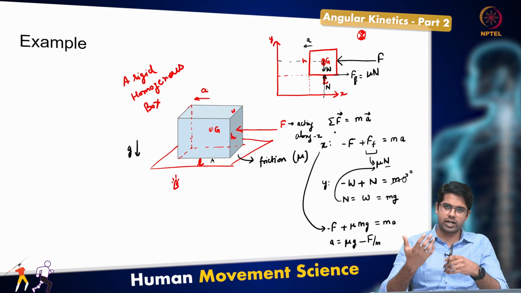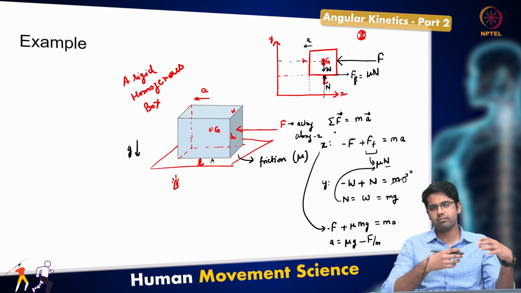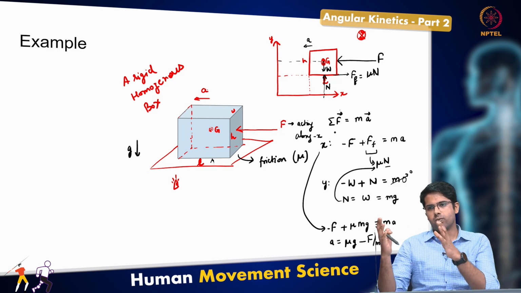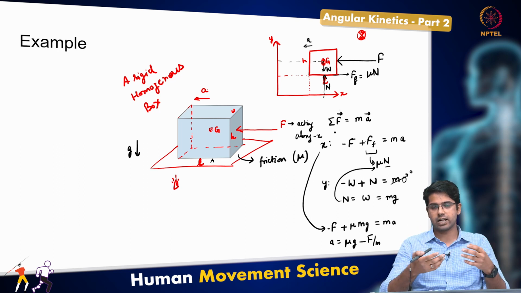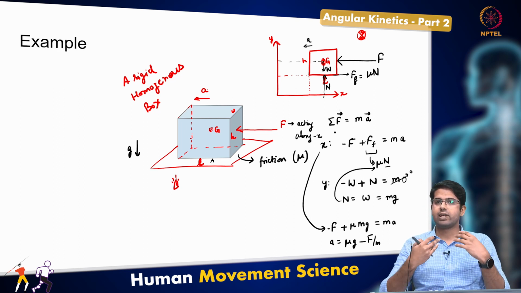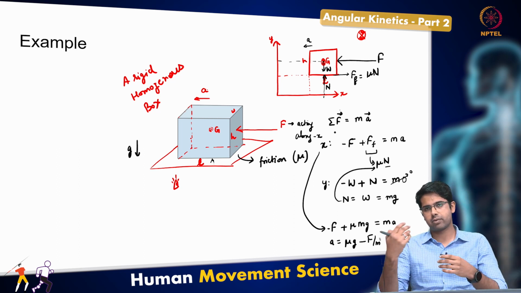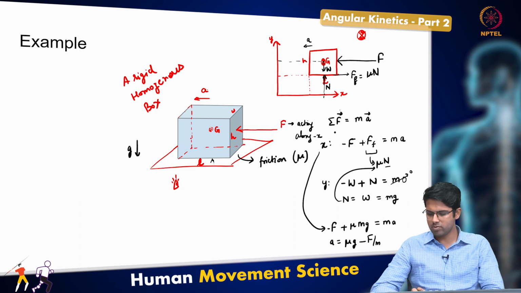Whereas if I know the force that is acting on a system, and I do not have measurements of the kinematics of the body, I can calculate the acceleration of the body, right? So one is a forward approach, where I know the forces, and from that I'm calculating the acceleration. This is called forward dynamics. If I have the position data, and from that I've calculated accelerations, and from that I'm calculating the forces and the moments, then that is called inverse dynamics. We'll discuss this in more detail when we come to modeling.